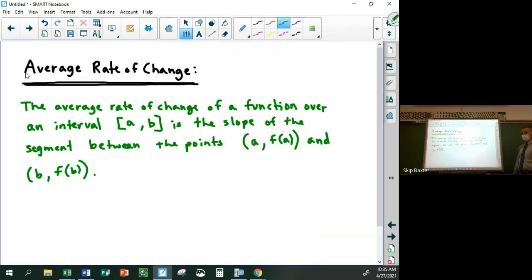All right, that's what the average rate of change is. It's just the slope of the segment that connects those 2 points on the graph.